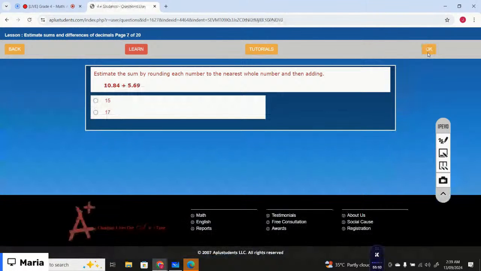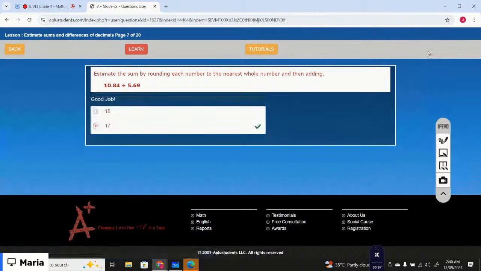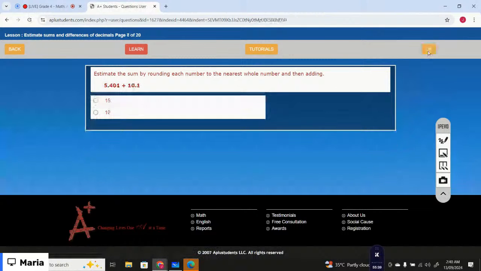Don't worry. Okay, 10.84 plus 5.69. So, which is the correct option? That is 17. Option number 2 is the correct option. Okay, the next one is: estimate the sum by rounding each number to the nearest whole number and then adding.